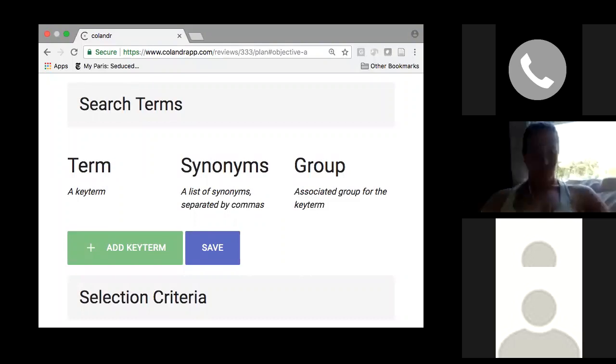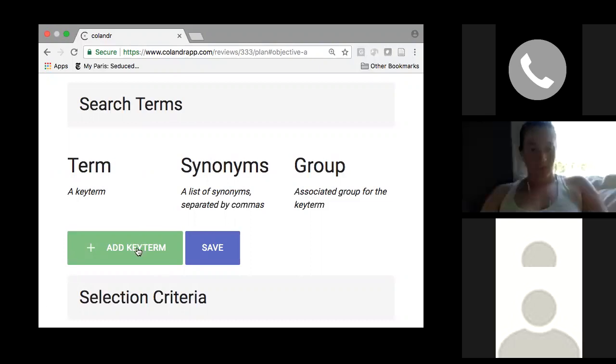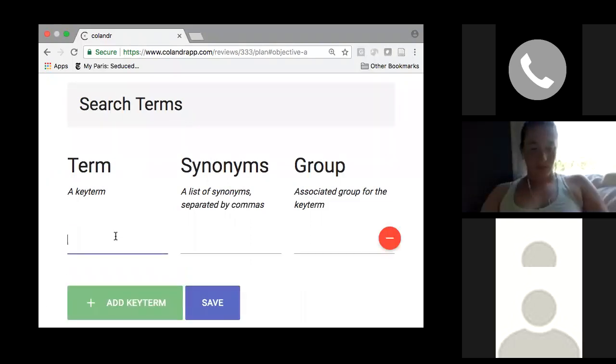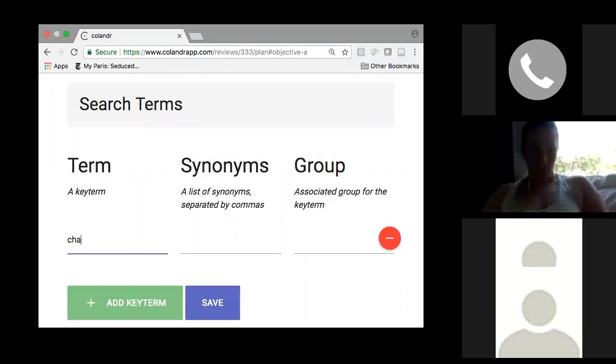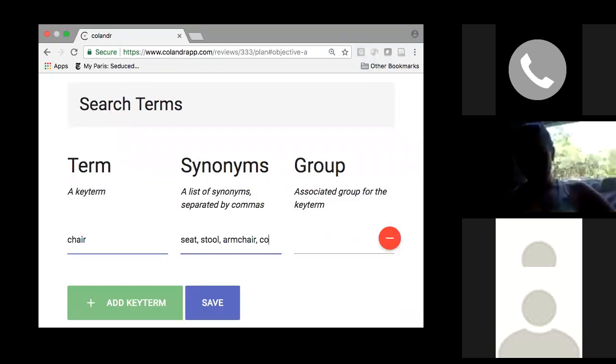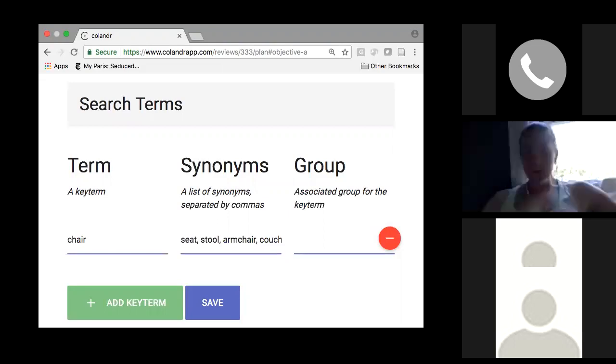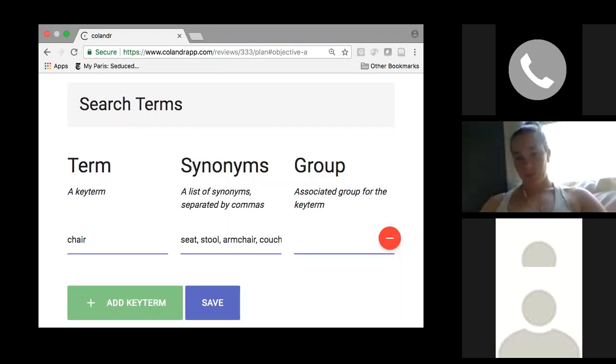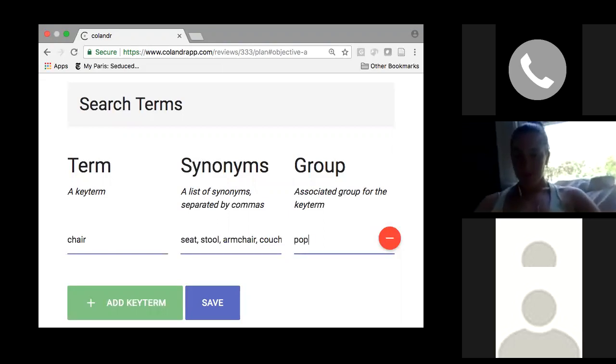As you add terms to this and different synonyms, it will build it for you. So for example, if I want to say chair, and synonyms for chair: seat, stool, armchair, couch. And then the group that we're associating this term with, this is our population.